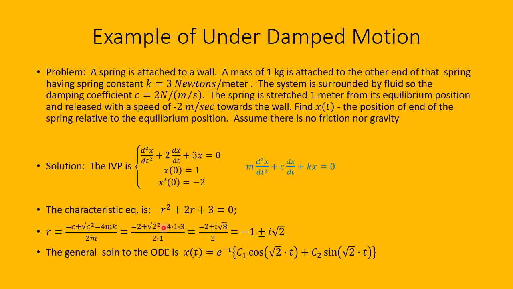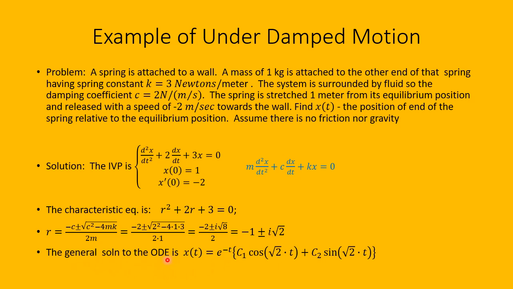Inside this square root, the discriminant is 4 minus 12, which is minus 8. The square root of minus 8 is i times the square root of 8. So r is minus 2 plus or minus i times the square root of 8, divided by 2, and that can be simplified to minus 1 plus or minus i times the square root of 2.